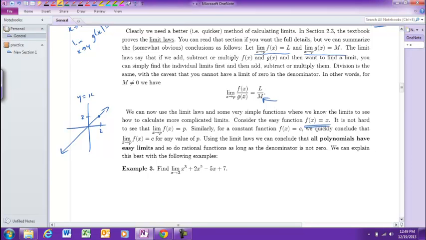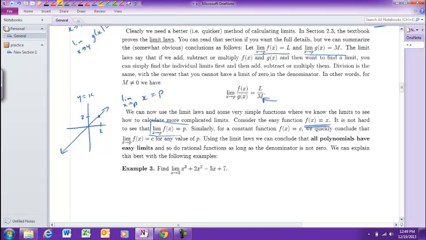It's a single unbroken line, and the x value we plug in is the same as the y value we get out. We know that's always going to be the case. So the limit as x approaches p of the function x, where f of x is equal to x, will always just give us p. Whatever you're plugging in, you're going to get out as your y value.